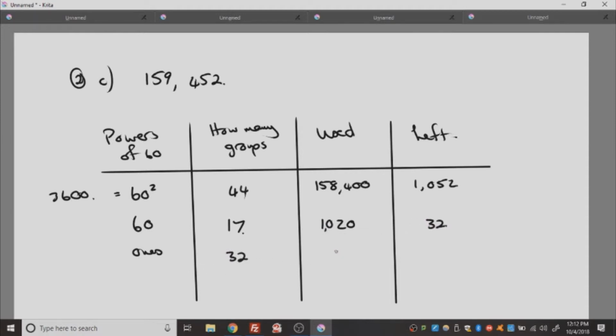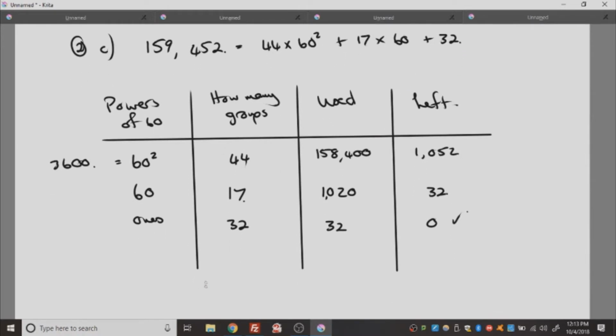And I have the ones, so that was the ugliest 3 I've ever written. The ones to mop it up. Which tells me how to split up this 159,000 into 44 groups of 60 squared, 17 groups of 60, 32 left. I can fit it in if I erase these lines a little bit.